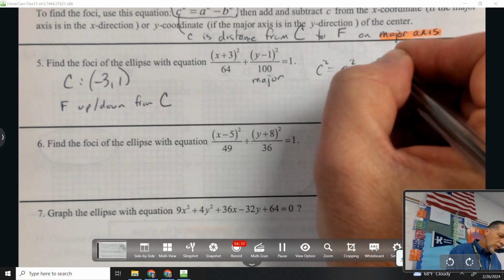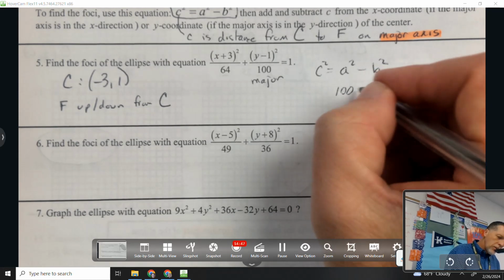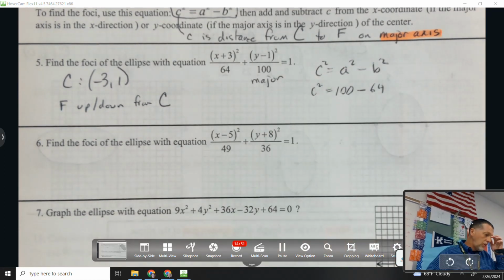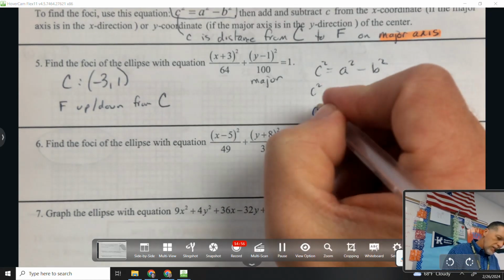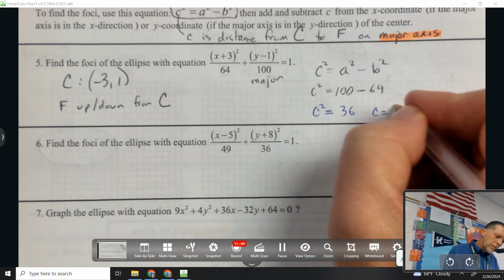All right, c squared equals a squared minus b squared. So now it does matter who's a and who's b because we're subtracting. A is always the bigger one. So 100 minus 64 is c squared. So this was a nice one. C is 6.